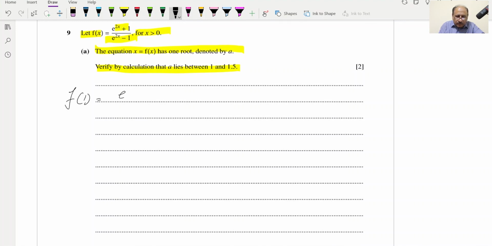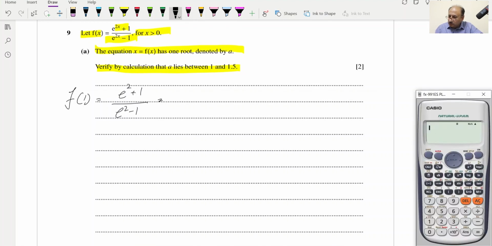Straightforward: we can do f of 1, which will be e squared plus 1 over e squared minus 1, and we will calculate this.